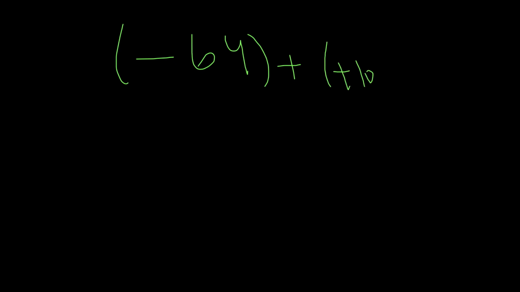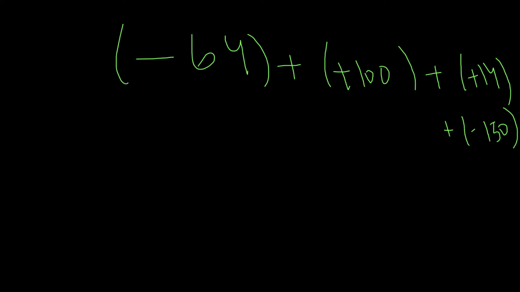Have is minus 64 plus bracket plus 100 plus 14, then again plus minus 150. So children, here when we will open the brackets, first we will solve these two.